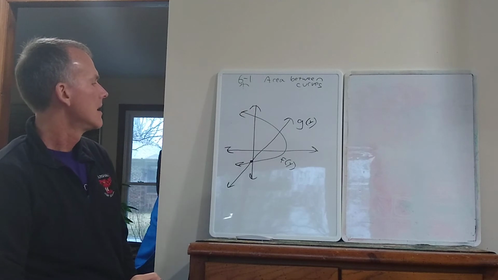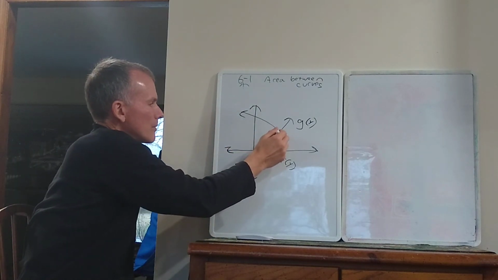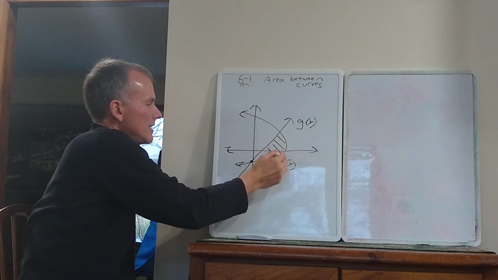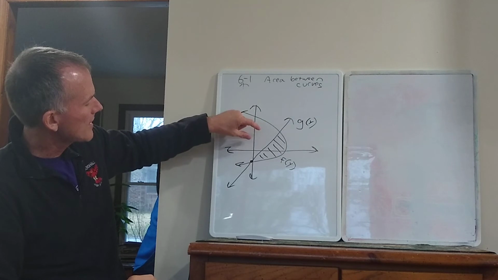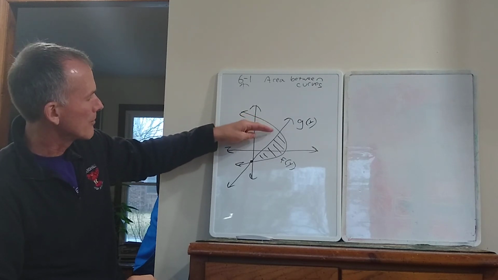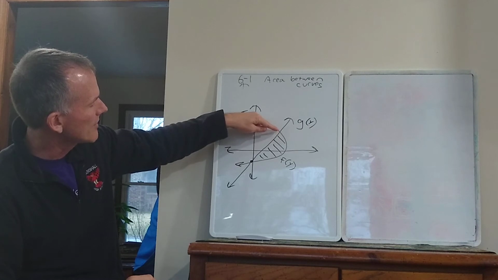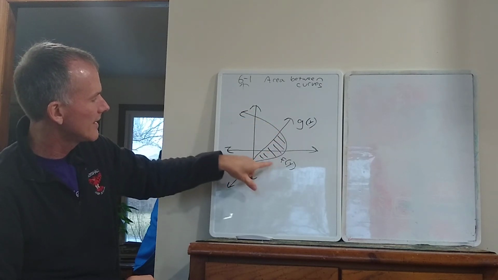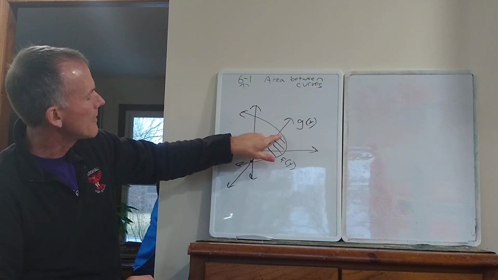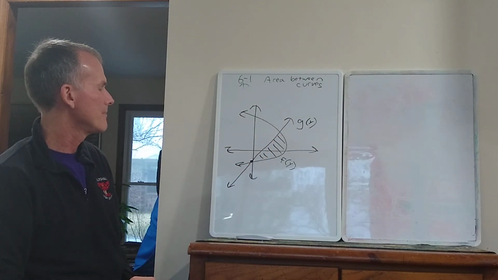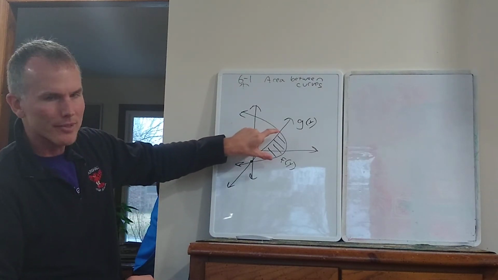Now the region in question here that we're going to try to find the area of is right here. If you notice, this doesn't have a consistent upper boundary. The upper boundary of this region is given by g here, but then over here it's given by f of y for a little bit. So this is going to be easiest if I integrate with respect to y.